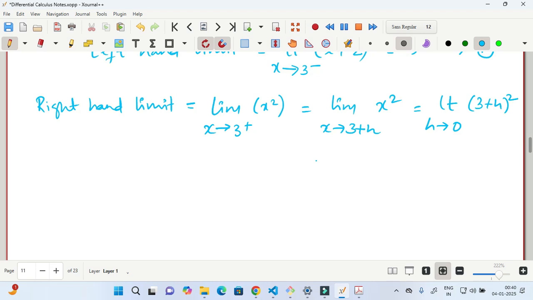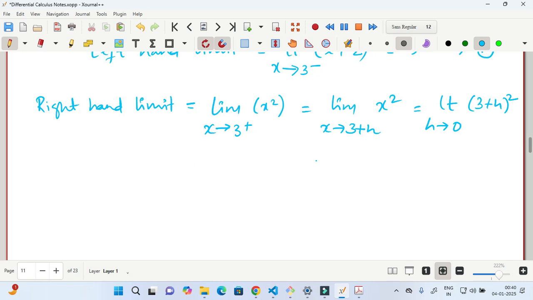Yeah. So here first what we have done, limit x tends to 3 plus. 3 plus means little higher than 3. So x tends to 3 plus h. The function is the same as it is. Now I'll substitute x equals 3 plus h as per the limit definition. So 3 plus h I have substituted. Now h is tending to 0, as h is very small. Now you have to substitute h as 0.